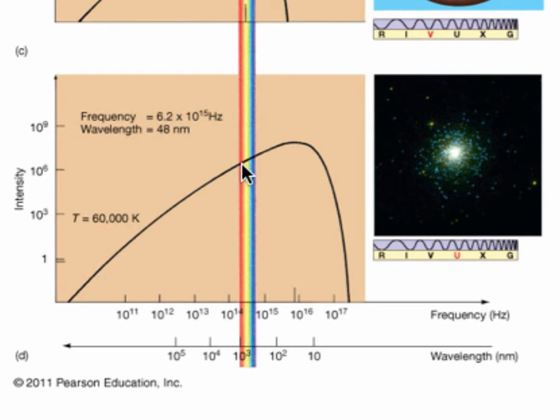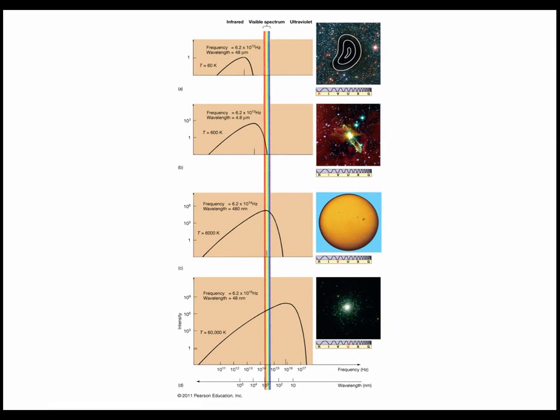So it is putting out optical light, and we would be able to see this star with an optical telescope, but it is putting out even more light in the ultraviolet. So these are all examples of astronomical objects whose color and peak wavelength vary because they have different temperatures.